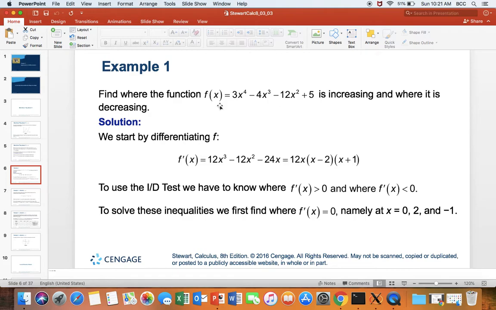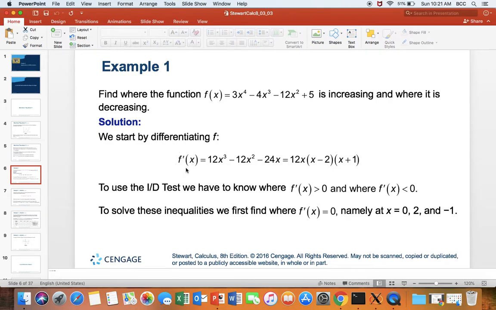Here is an example of how the increasing, decreasing test is used. Find where the function f of x is increasing and where it is decreasing. To find out, we need to first find the derivative of f.